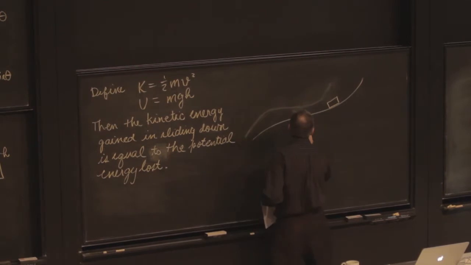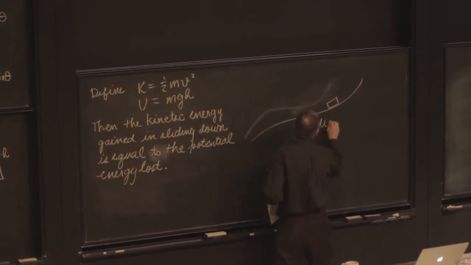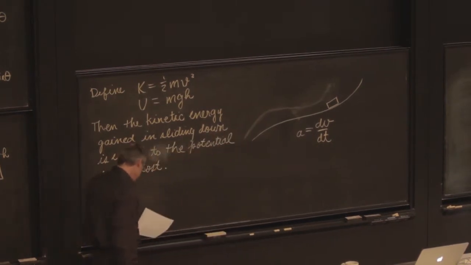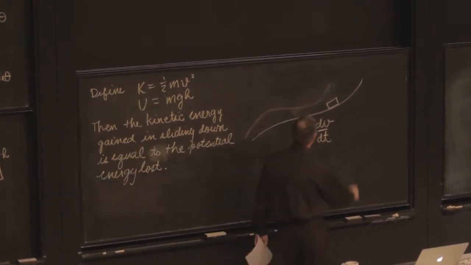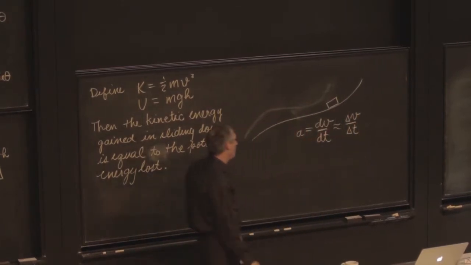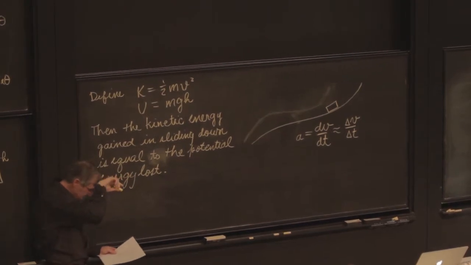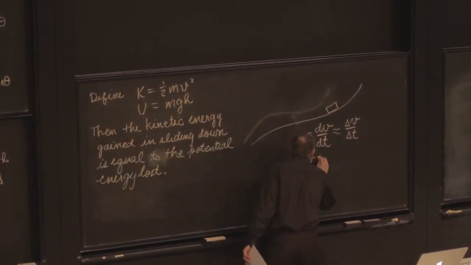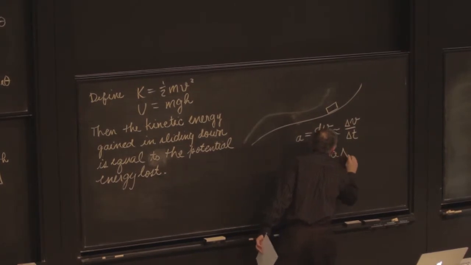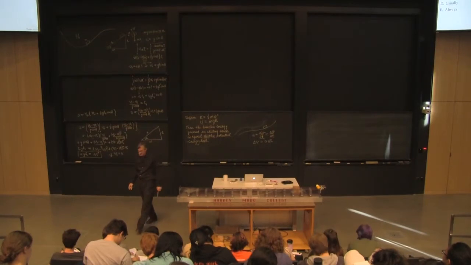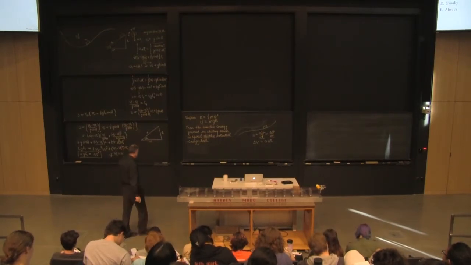The acceleration is dv/dt, which is approximately equal to delta v over delta t. That is to say, delta v is about a delta t, and it would be better and better the smaller I make the little time interval.